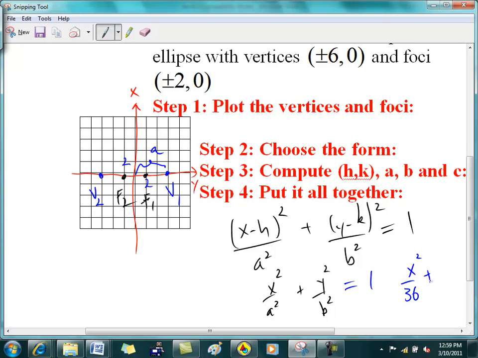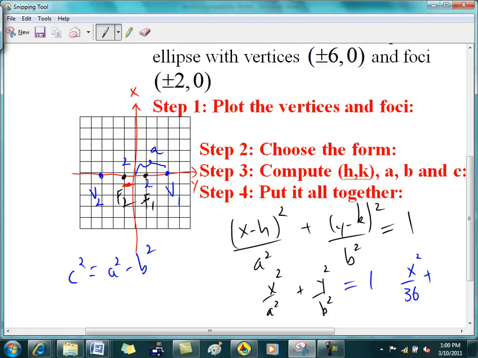So I need to find b. In order to find b, I'm going to use this equation: a squared minus b squared equals c squared. And c is the distance between the center and the focus, and that distance from the picture is this distance here.